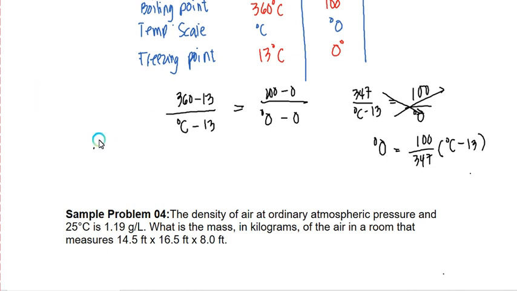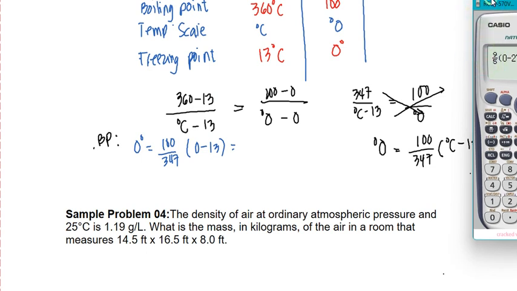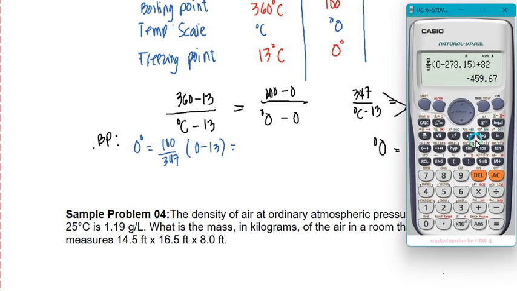So that means for the freezing point, diretso ko na lang di-substitute, that will be degree oleic is equals to 100 all over 347 multiplied by 0 minus 13.